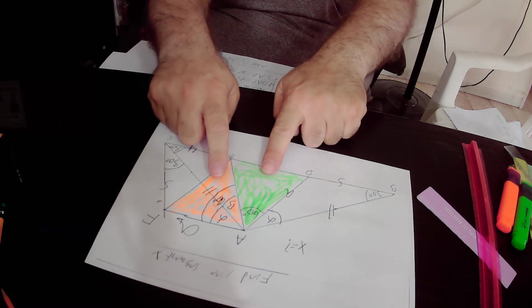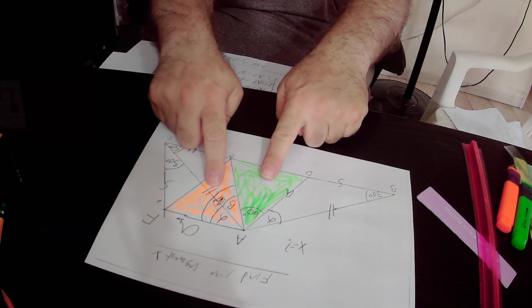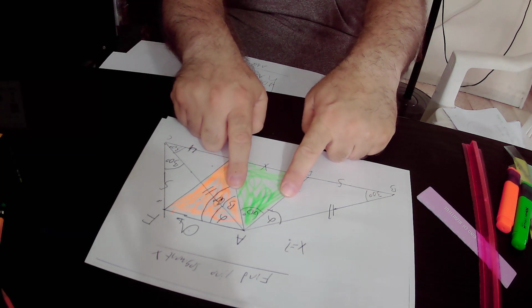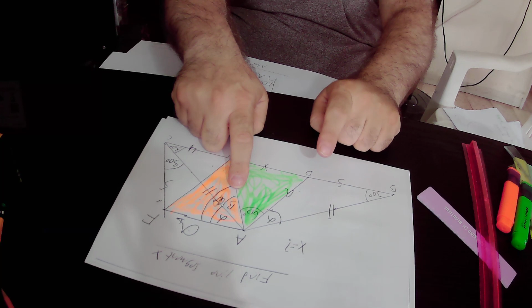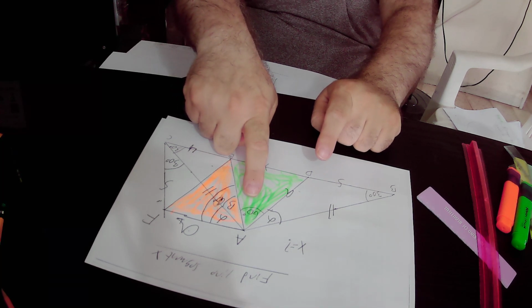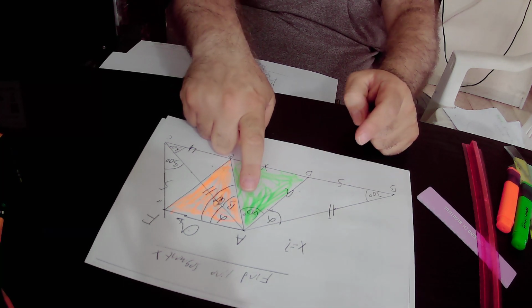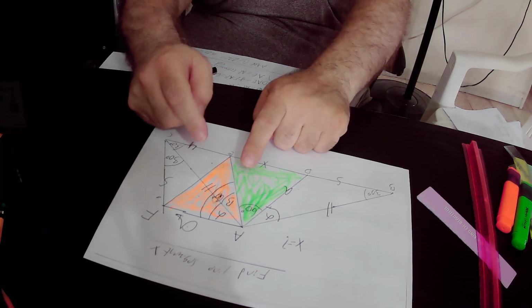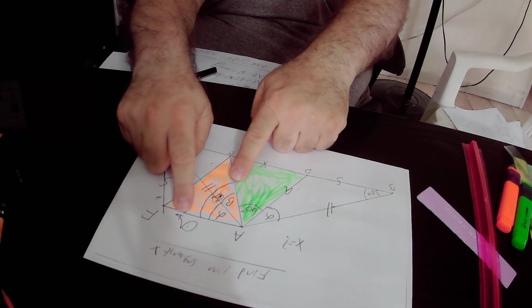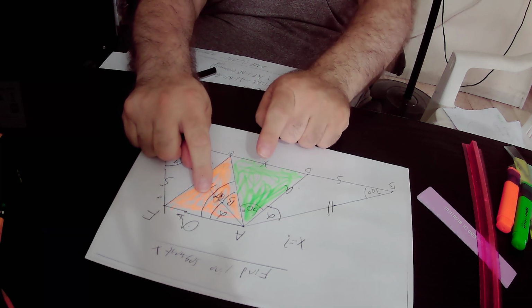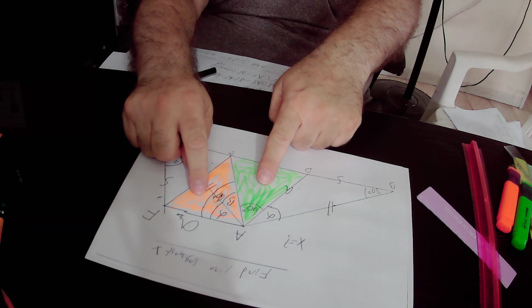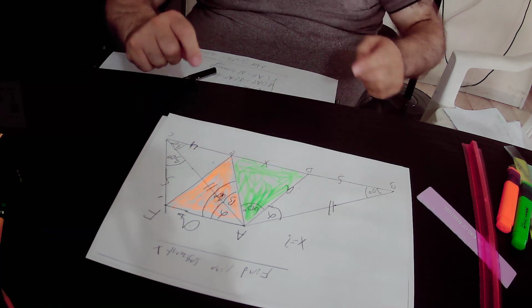Those two triangles can go into each other according to side angle side rule. Those two sides and the angle included between them in the green triangle are congruent correspondingly to those two sides and the angle between those two sides in the orange triangle. Therefore, those two triangles can go into each other according to side angle side rule.